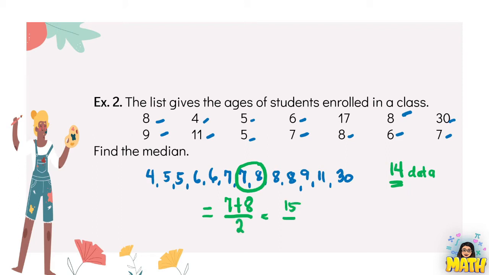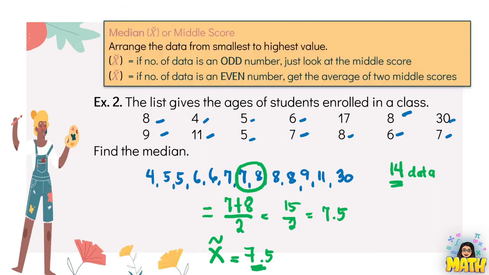So 15 divided by 2 is 7.5. Therefore, the mean of the age of the students who have enrolled in the class is equal to 7.5. So again, don't forget that the median is simply the middle score. Kapag odd number, madali nating malolocate kung ano yung pinakagitna, pero kapag even number yung data in a set, we simply need to get that average so that we can have a single number that can represent the median.